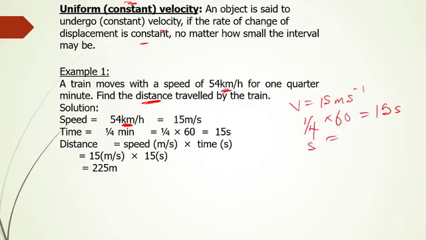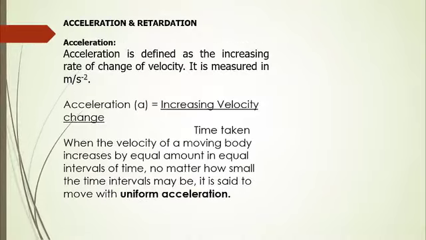And then the distance s is given by speed times time. So our distance traveled by the train is 15 meters per second, which is the speed, times 15 seconds, which is the time. We're going to have 225 meters, and that is the total distance that was covered by this train.